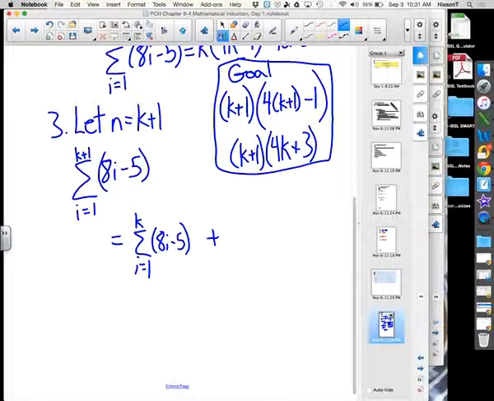The last term is going to be 8 times k plus 1 minus 5. It works this way every time. When you're doing k plus 1, the sum will always break into what you just looked at on step 2 plus that last term.